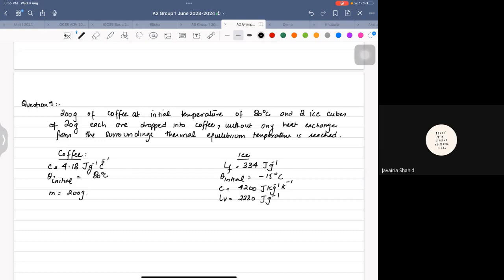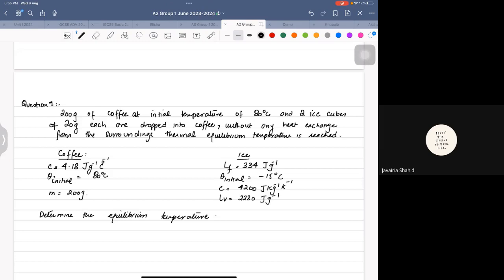Now, they say determine the equilibrium temperature. And what does that mean? That means when you have added 2 cubes of ice into the coffee, obviously coffee is at 80, ice is at negative 15.